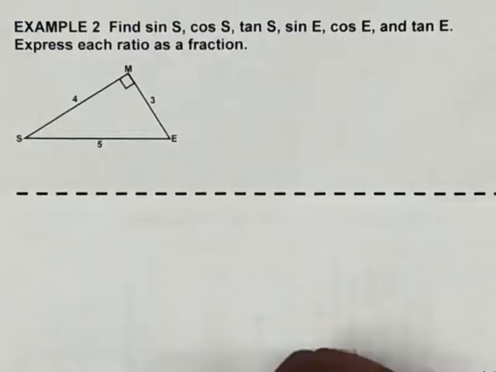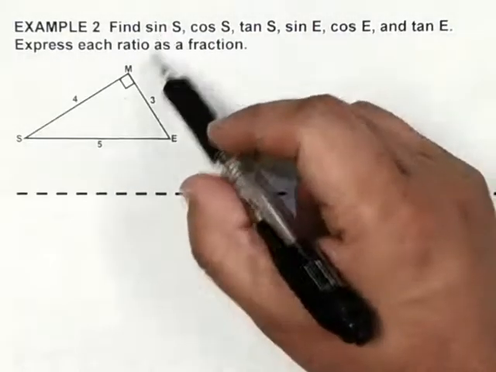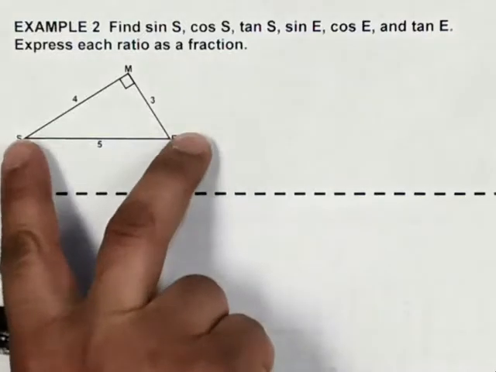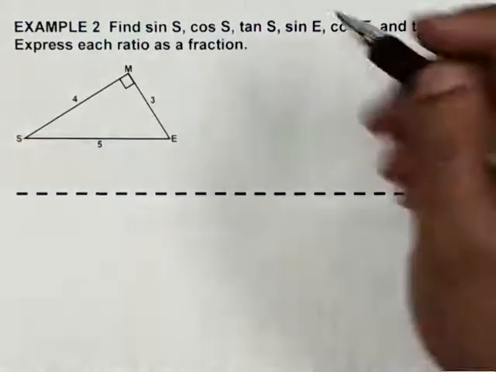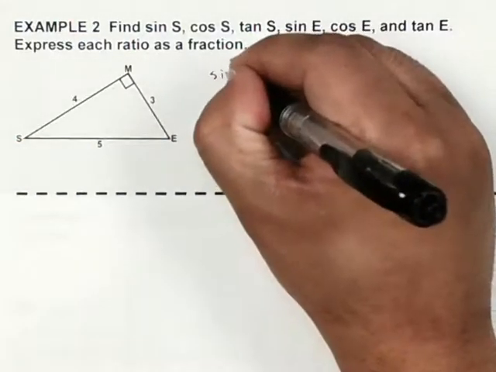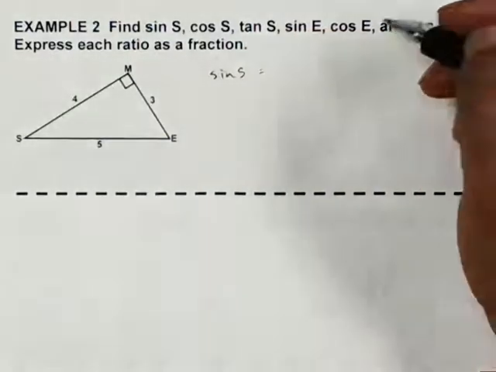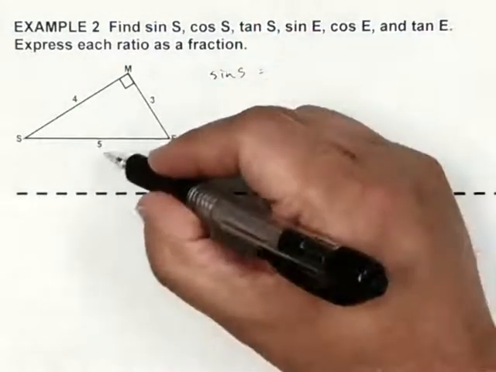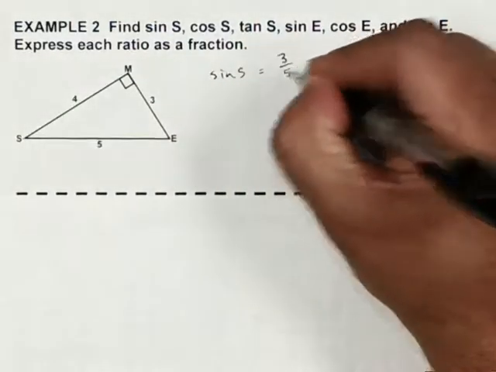All right, next example, we're going to use these two angles here, S and E. Those would be my acute angles. The sine of S is opposite over hypotenuse, so that's going to be 3 over 5.